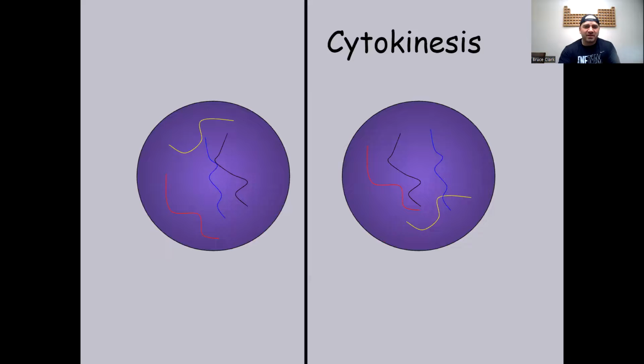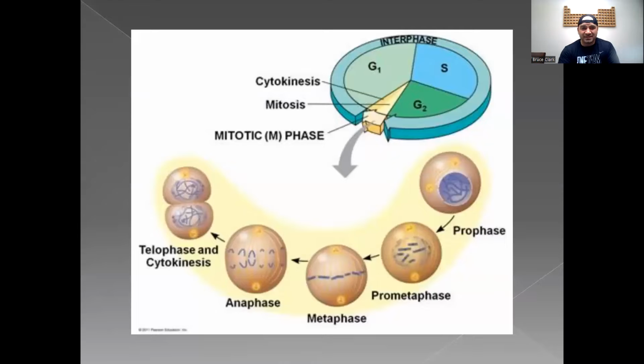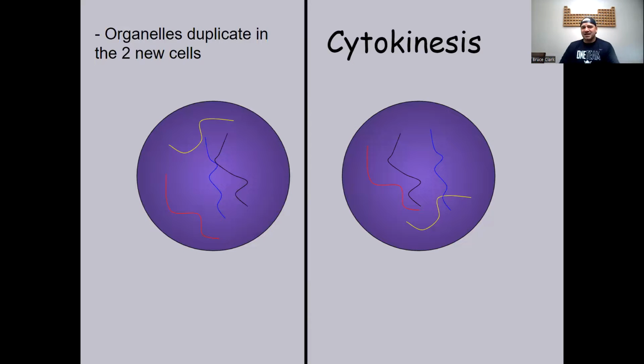And then last and definitely least, cytokinesis. A lot of times this gets lumped in with telophase because the other organelles duplicate as well. That's something that I just gloss over, because we're so concerned with the chromosomes. In cytokinesis, cells are going to split up the endoplasmic reticulum, the mitochondria, the ribosomes, that kind of thing as well.